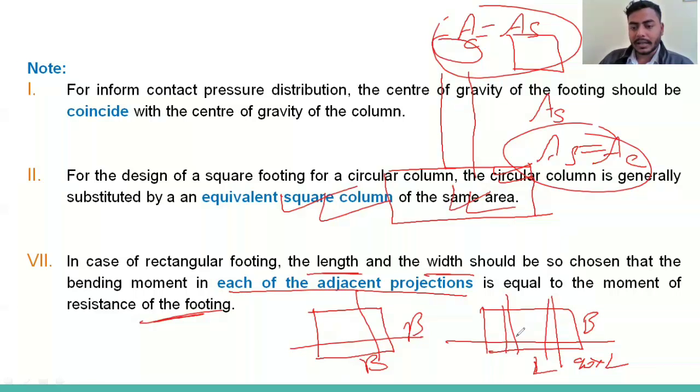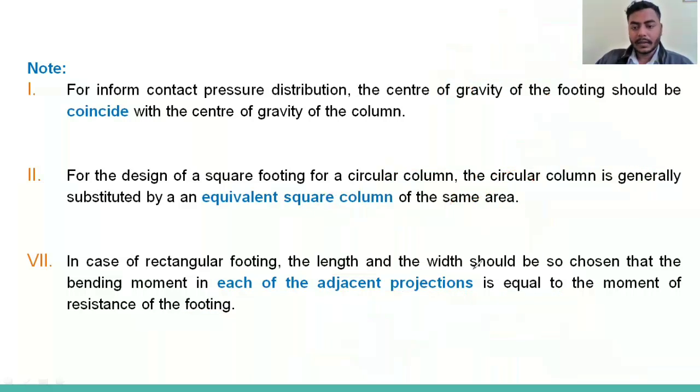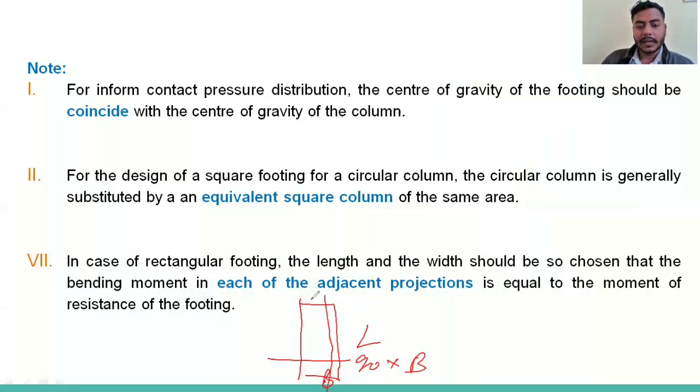But when you do the analysis in this direction, where this is the width and this is the L, you do the analysis like B into B. You have calculated the critical section taken from here, right? Like for bending moment from the face of the column, and critical shear for diagonal shear at D distance from the face of the column. So that will be different.